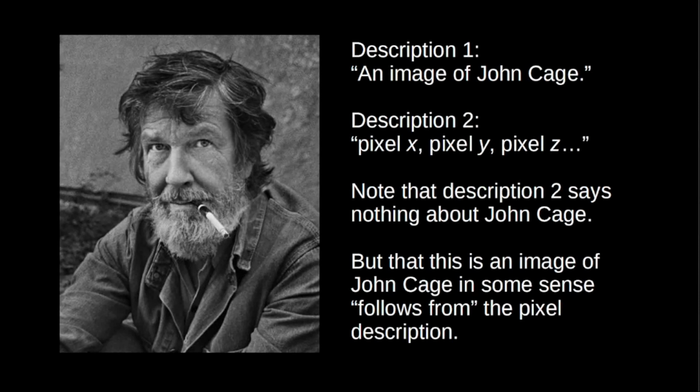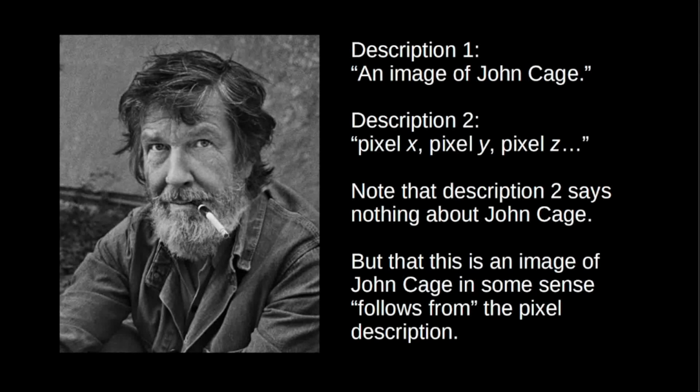Even so, the fact that this is an image of John Cage, in some sense, is contained within the pixel description, or it follows from the pixel description. This is because if you have exactly the same pixels in exactly the same arrangement as shown here, then you have the same image. You have an image of John Cage.